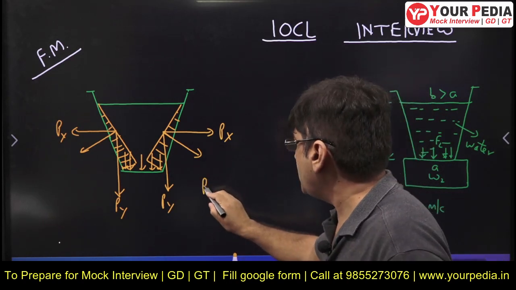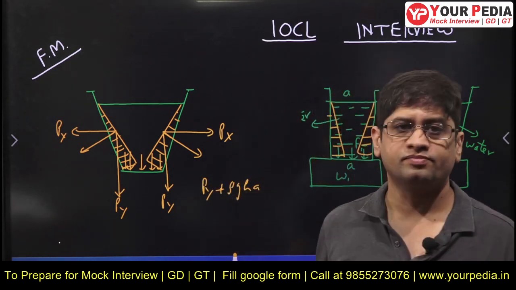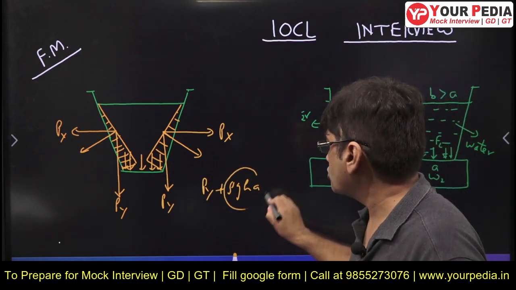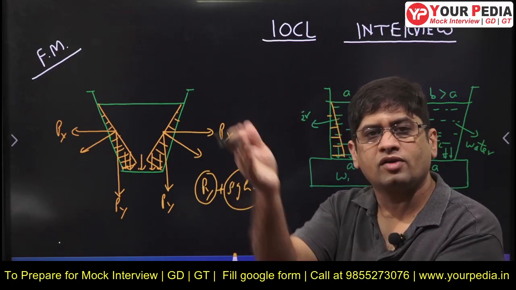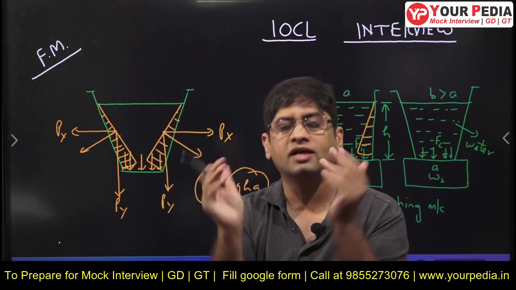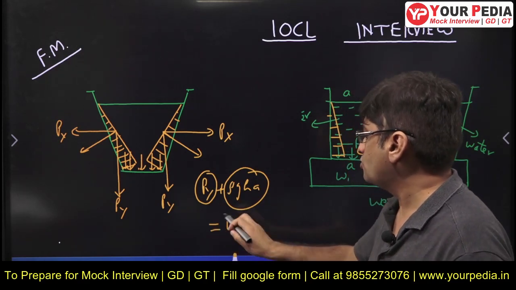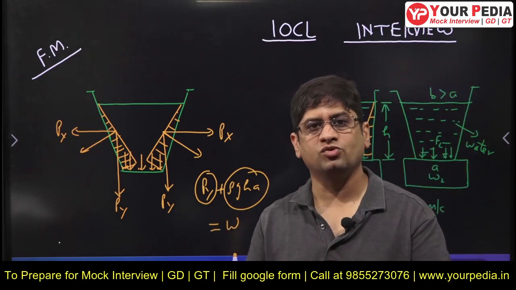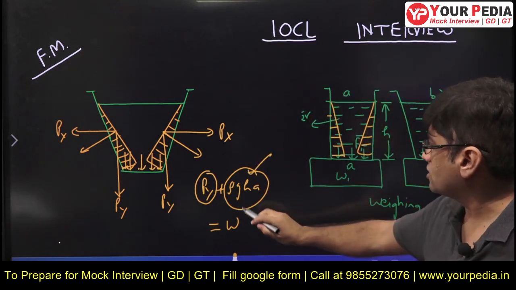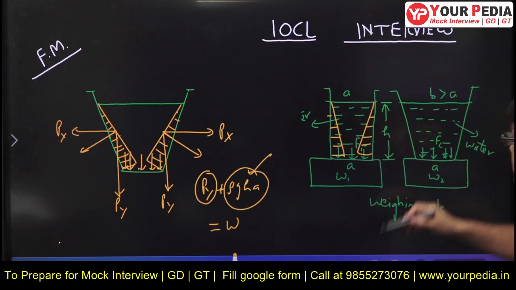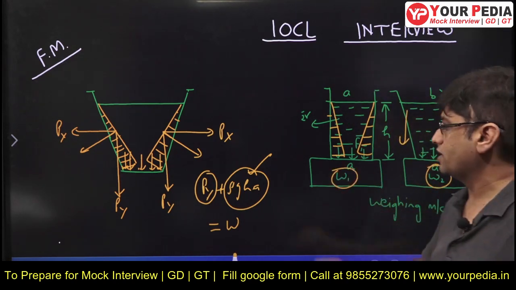So Py plus rho g h into A, the hydrostatic pressure force at the bottom plus the vertical component of hydrostatic pressure force acting on the inclined wall, eventually leads to the weight. In the previous case, weight was equal to the bottom force. In this case, weight is equal to this plus the vertical component. Since the vertical component is also added, the weight in this case will be more than the weight in the first case.